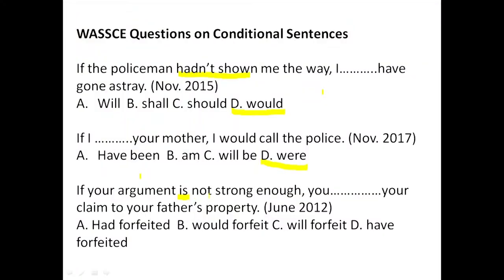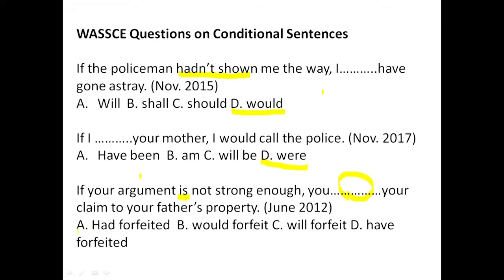Okay, so we go. So if your argument is not strong enough, the is has given us a clue about the fact that we are dealing with condition 1. So whatever verb tense or verbal aspect occupies this space, of course, we require the will aspect. If your argument is not strong enough, you dash your claim to your father's property, and of course we have A, had forfeited.